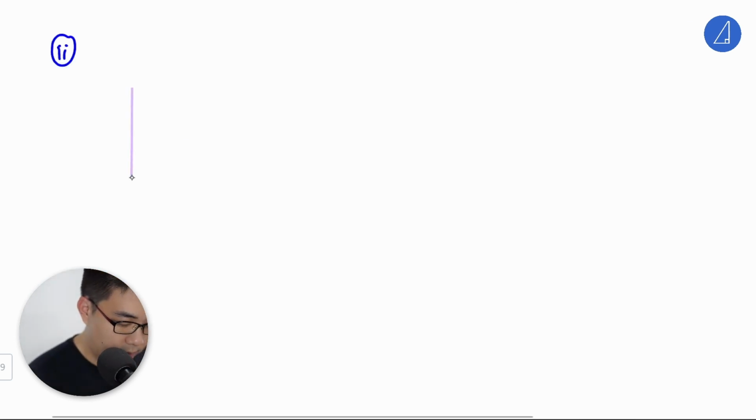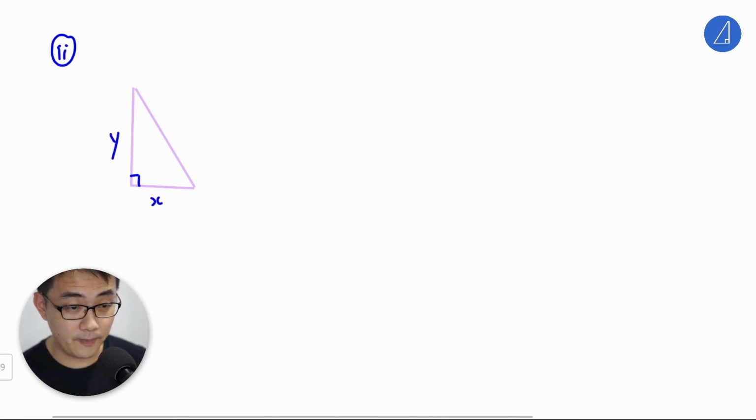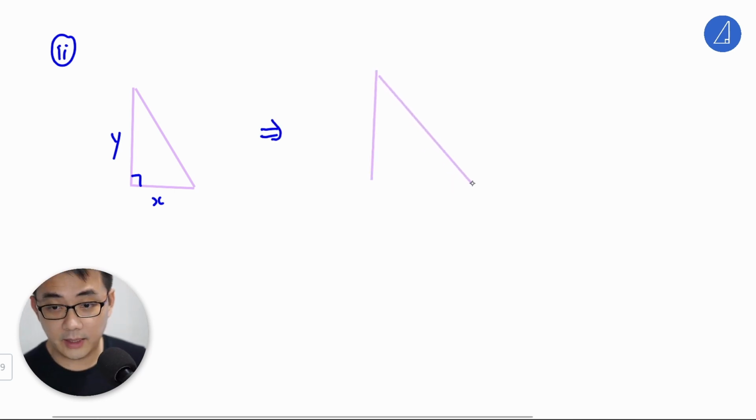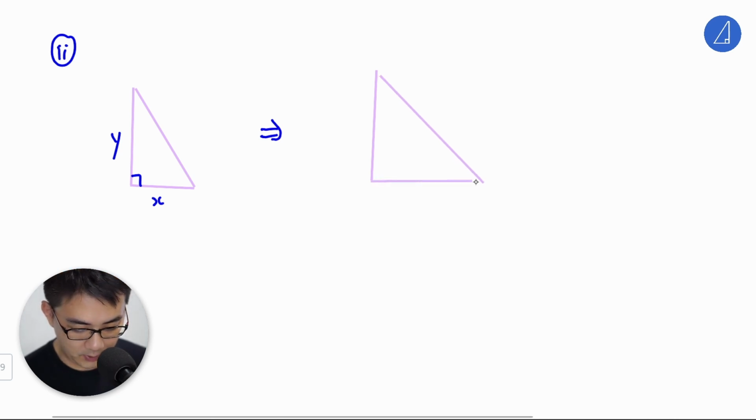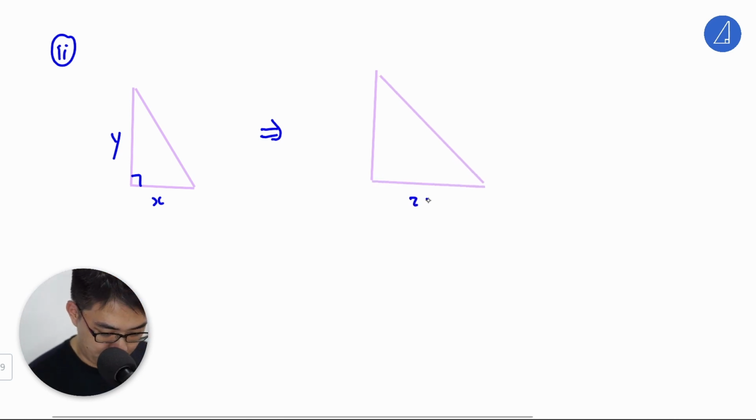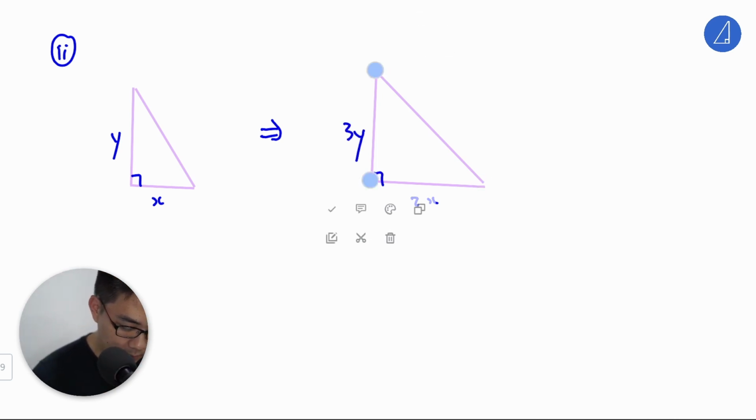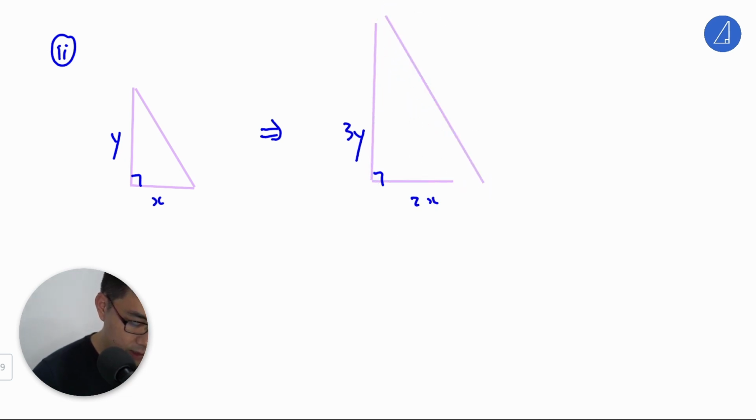Say we have a triangle, and this is x units and this is y units. We follow the same method with a two-way stretch, scale factor of 2 in the x direction, so it becomes 2x, and this becomes 3y. So in other words, this should be much higher. I'm just going to use this very quick illustration.